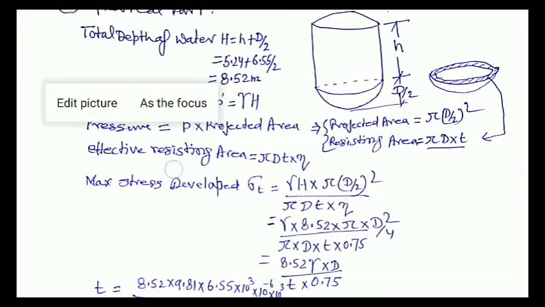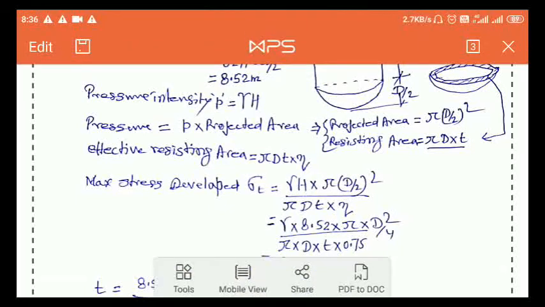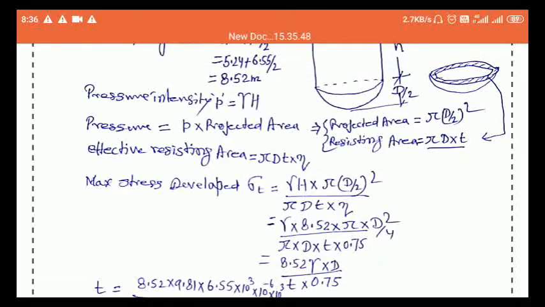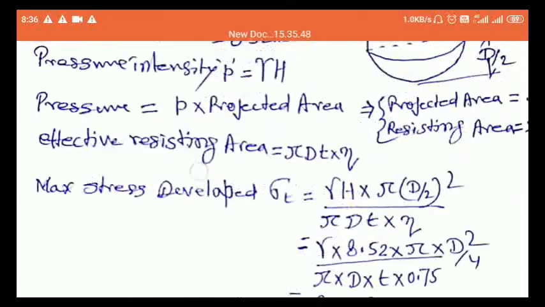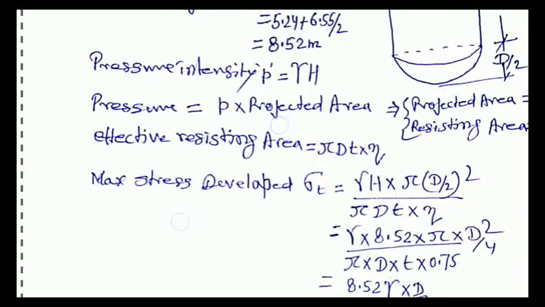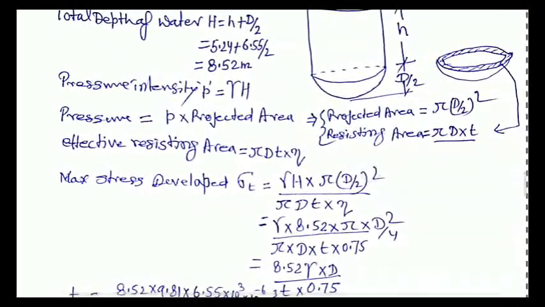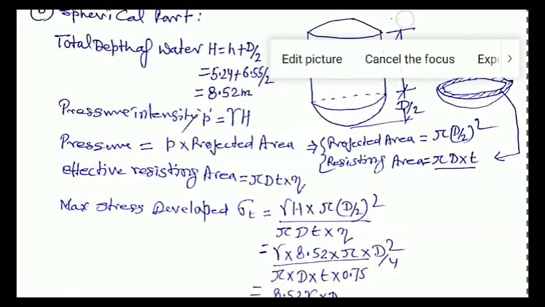So the pressure P will be for the total height of this vessel up to the hemispherical portion.